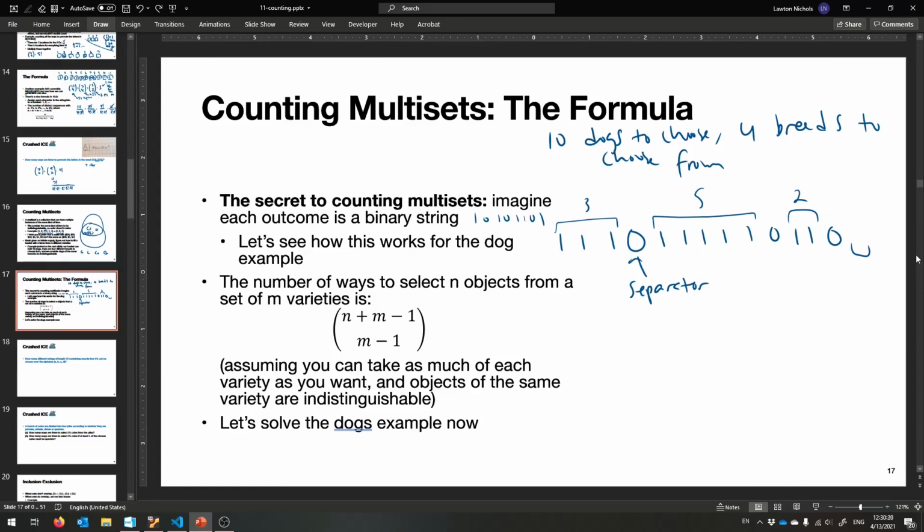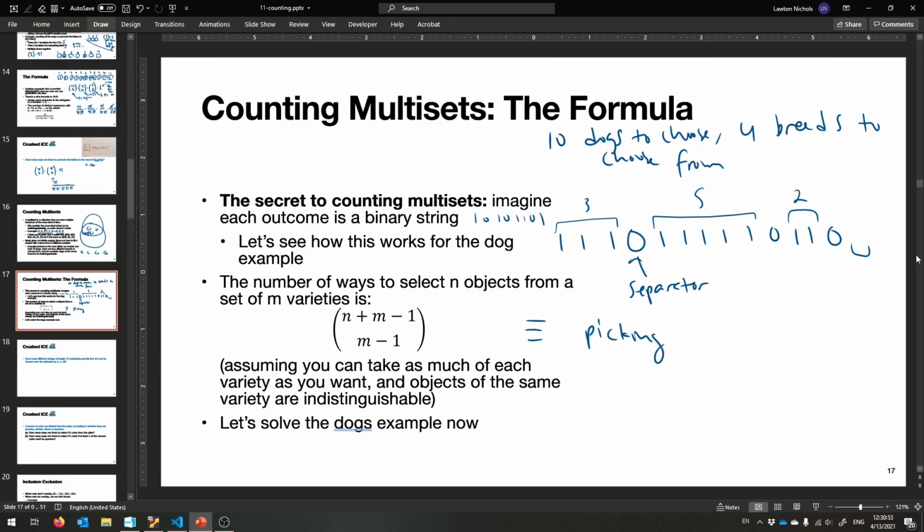So the idea is, the number of ways to select n objects from a set of m varieties is this. You just pick where you want these zeros to go. So it's equivalent to picking where you want the zeros to go in the binary string, because that determines exactly what you want. You always have to have 10 ones.